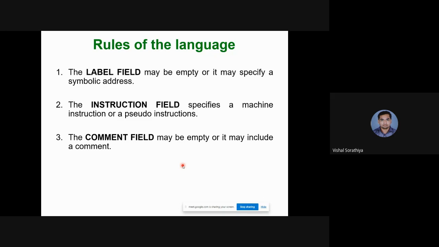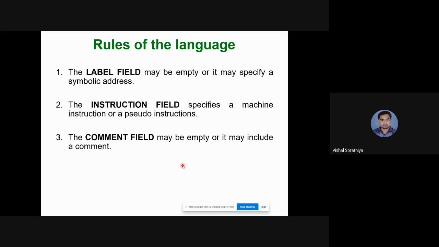What are the rules of the language? The label may be empty or it may specify the symbolic address. The instruction field may specify the machine instruction or pseudo instruction. The comment field may be empty or it may include a comment.